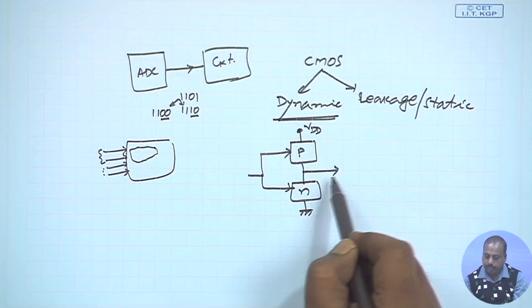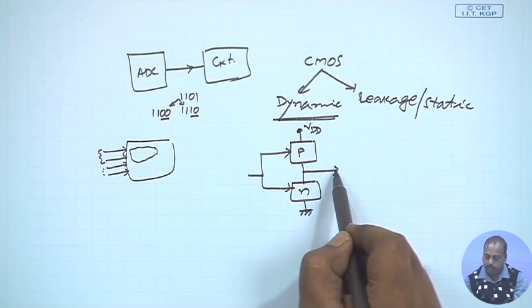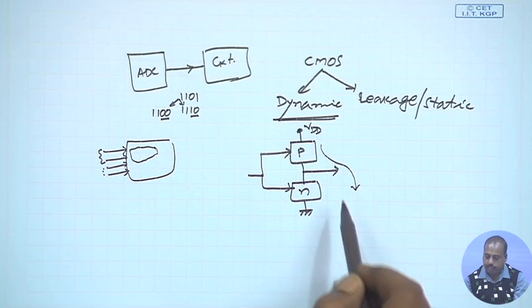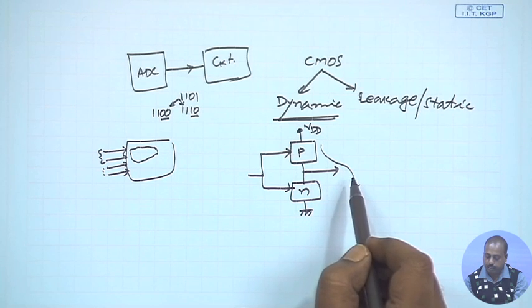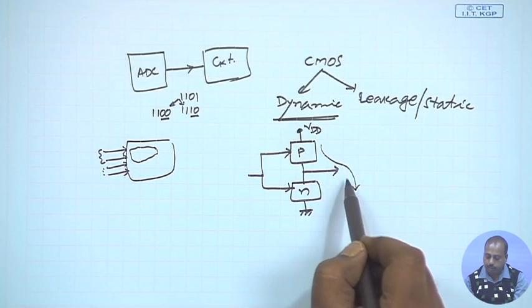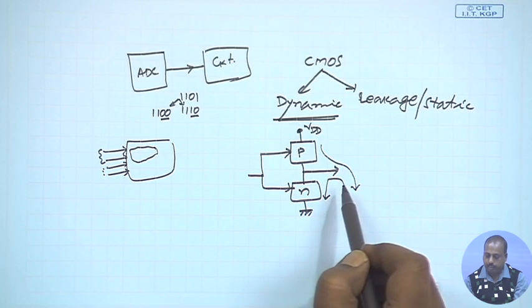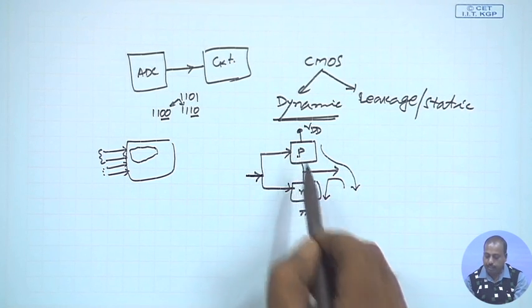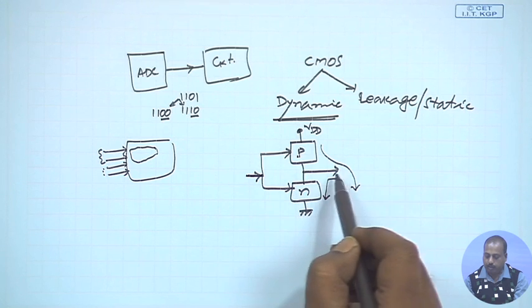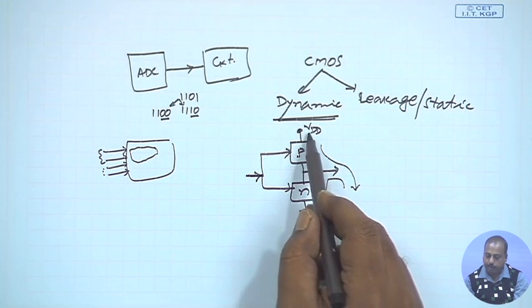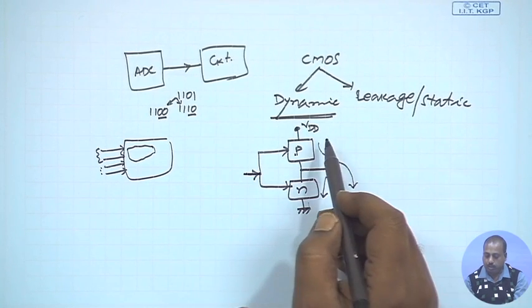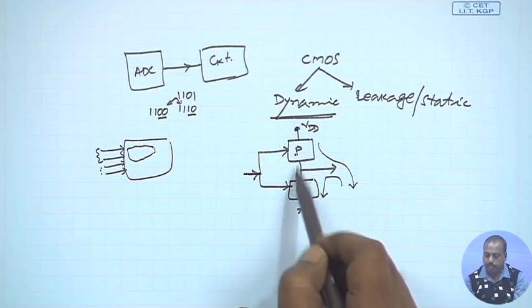When the output changes to 1, the load capacitor gets charged like this, and when the output becomes 0, the load capacitor is discharged like this. But when the input is steady, either the P network or the N network is cut off. As a result, there is no current flow through this device, so power is consumed only when there is a switching.